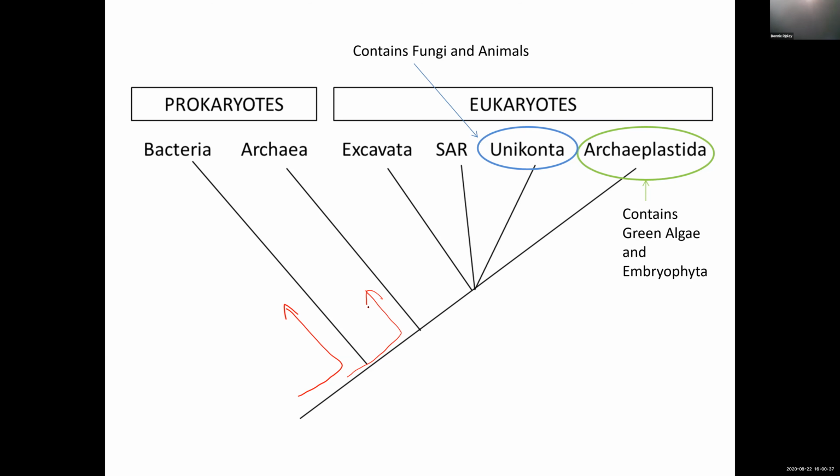They stayed prokaryotes. Somewhere on this tree, we have the evolution of the eukaryotic kind of cell. And all of the organisms that have a eukaryotic kind of cell have a common ancestor.